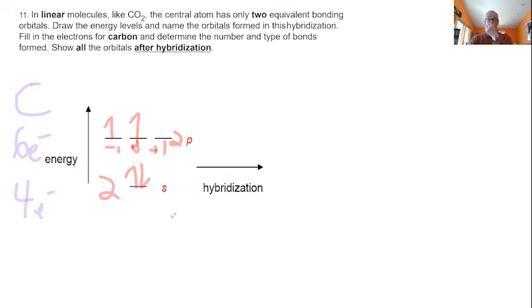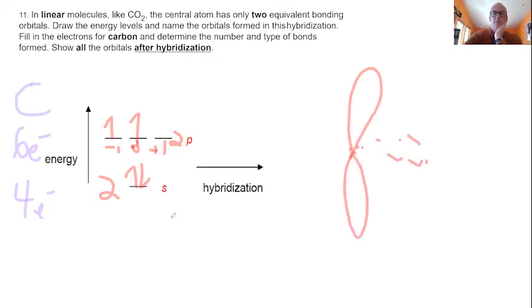So the other reason for hybridization is, if you remember, what were the angles between p orbitals? P orbitals look like this, remember? And then there's another one coming out at us and one going back. What were the angles between them? 90.